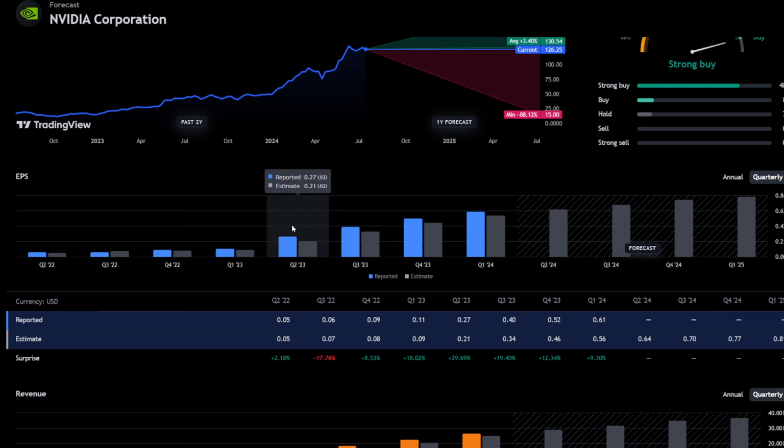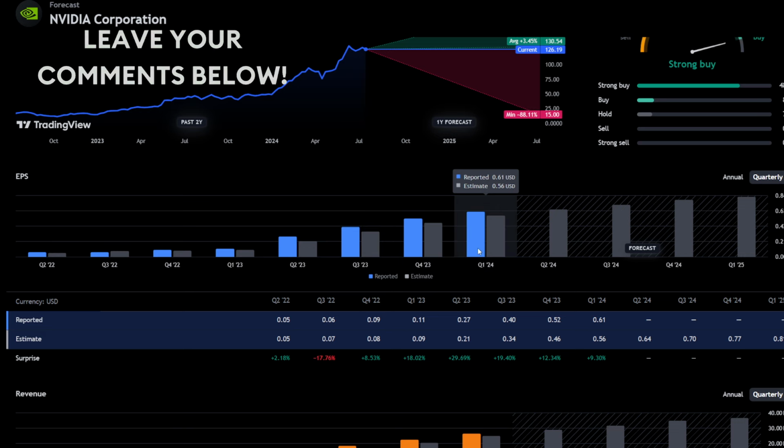Nvidia is one of the most successful examples, and it goes up every time they release a quarter, because they beat the estimate. And that's the explanation. The reality is better than the estimate, so the stock goes up, because the net income is better than before, more than the estimates, so the price goes up quickly. And this is what happened with Nvidia.